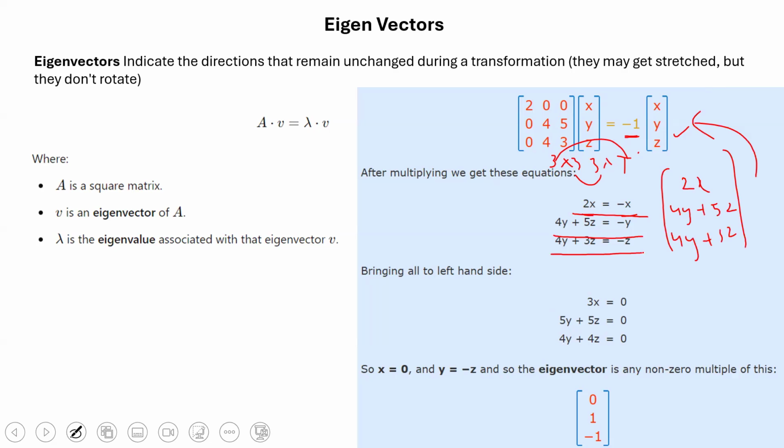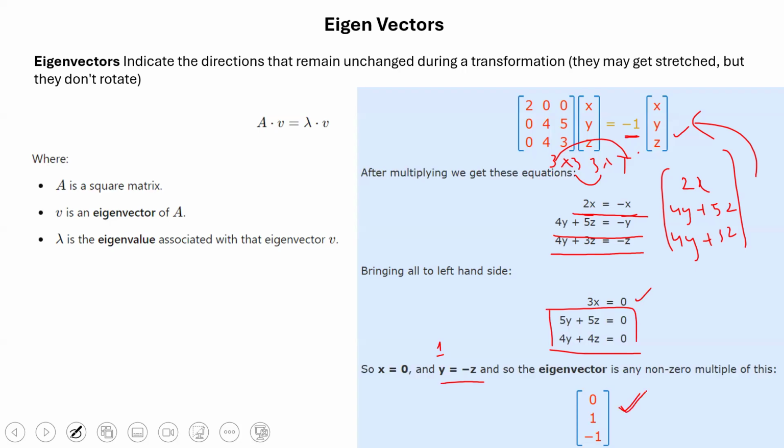If you solve these equations, x is equal to 0. Solving the other two, you get y equal to minus z. So when you take y equal to 1, z becomes minus 1. That is how the eigenvector is calculated.